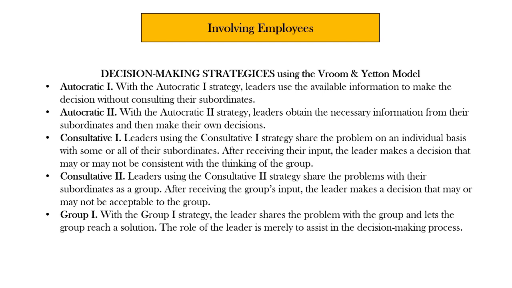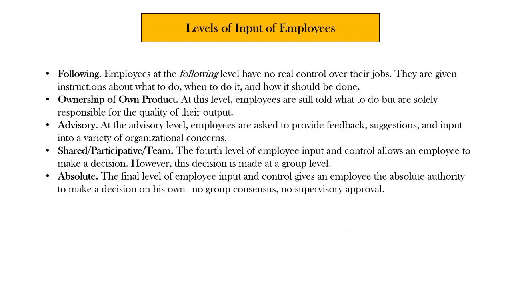Now we also have levels of input of employees. For the first level, employees have no real control over their jobs. They are given instructions about what to do, when to do it, and how it should be done. For ownership of own product, employees are still told what to do, but are solely responsible for the quality of their output.